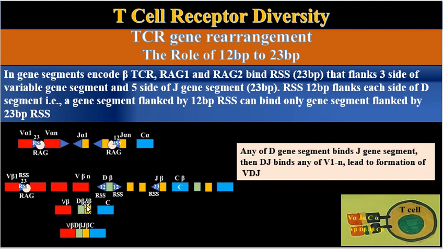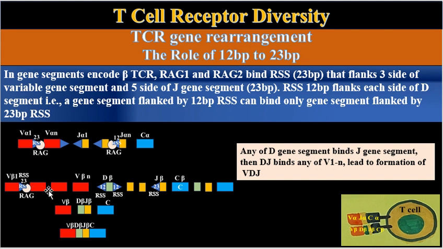Then DJ, according to this rule, will in turn bind to variable beta, as it is flanked by 23 base pair recombination signal sequence.